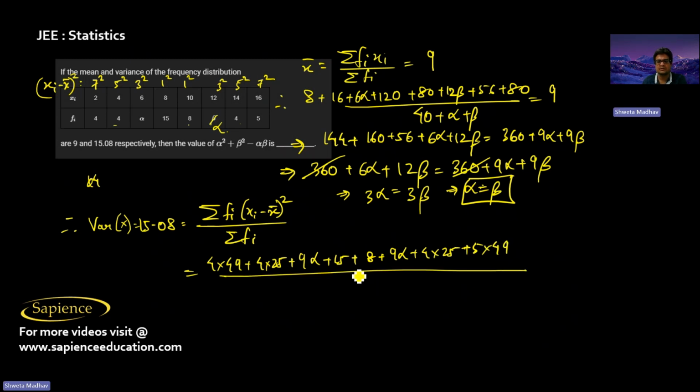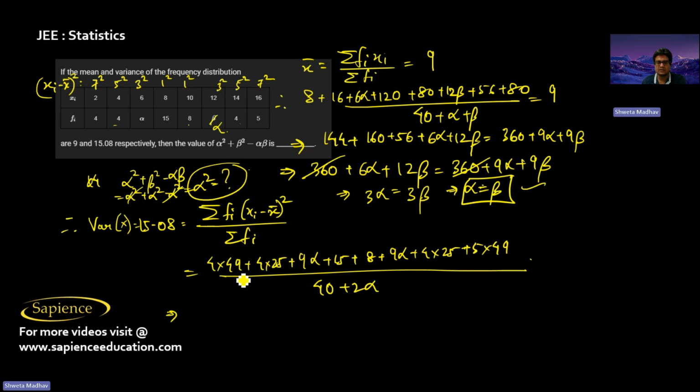This divided by 40 plus 2 alpha, which is summation of fi, and that is given as 15.08. So alpha square plus beta square minus alpha beta is what we have to find. It means alpha square plus alpha square minus alpha square, so alpha square only we need to find out since alpha and beta are the same.